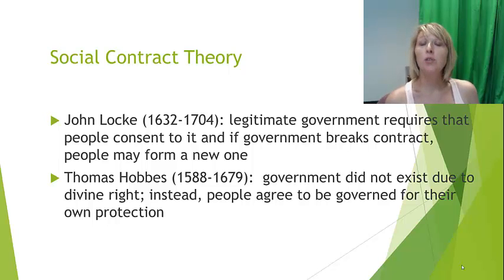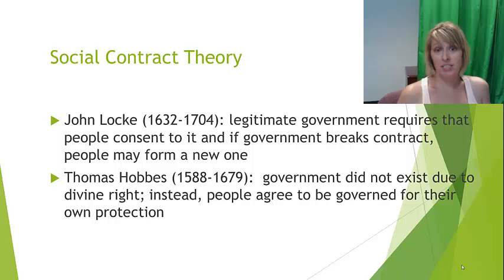So in his view, monarchs were often illegitimate because if they don't have the consent of the people, and if the government breaks that contract, breaks the idea of following the people's will, then the government no longer has legitimacy.